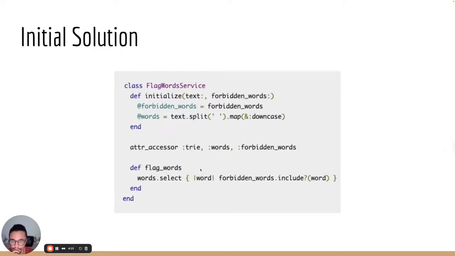And the flag words feature is very simple. You are just using the include method from the Array class in Ruby, and you can think, okay, it's a good solution. We solved our problem.